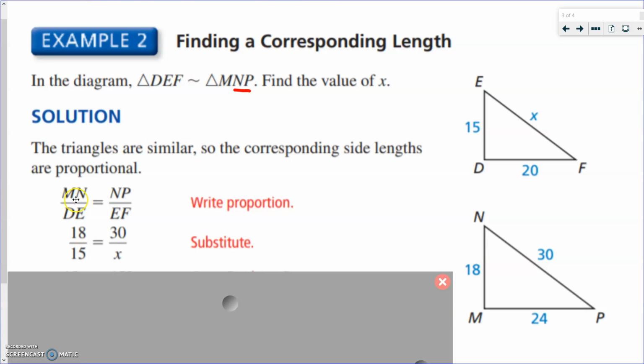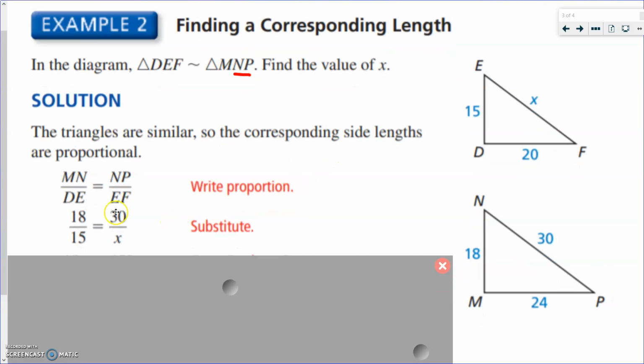So MN is 18 over DE, the similar side, which is our 15, is equal to NP over EF. But we don't know EF, so we're going to put in the value of x. And once we do this, if you had me before, we do the butterfly.